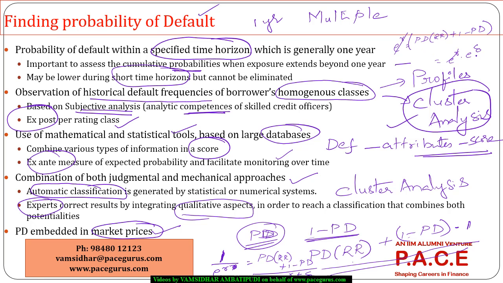So now from here I am getting e power delta is equal to this much, which means if I look at PD, this is coming out as 1 plus PD into recovery rate minus 1, or 1 minus PD into 1 minus recovery rate.